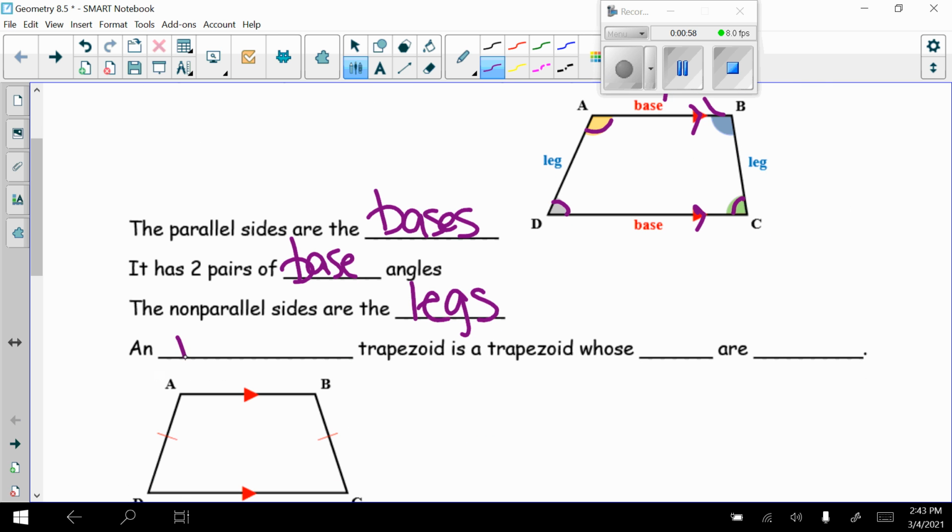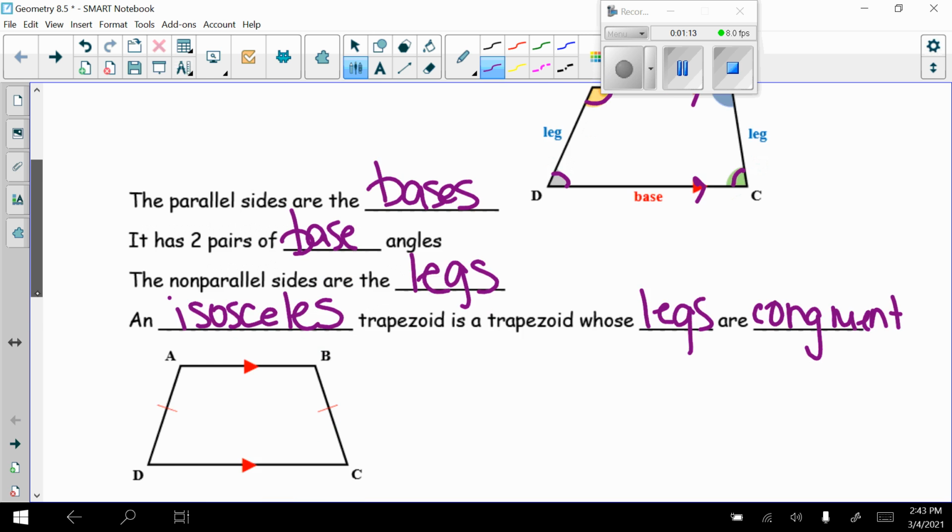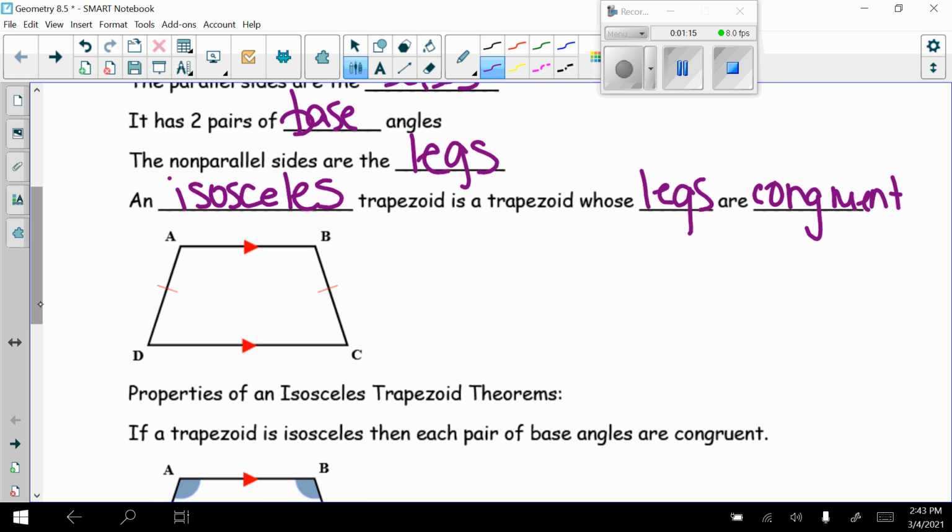This is called an isosceles trapezoid. An isosceles trapezoid is a trapezoid whose legs are congruent, because remember that isosceles means it has two congruent legs. Same thing as an isosceles triangle, you still will have two legs that are congruent.